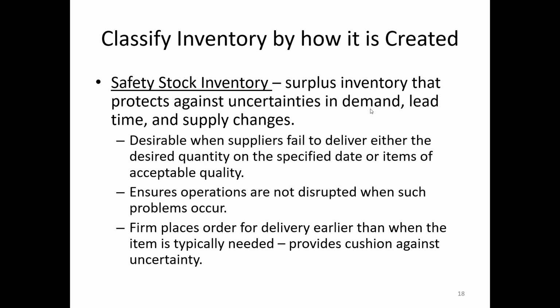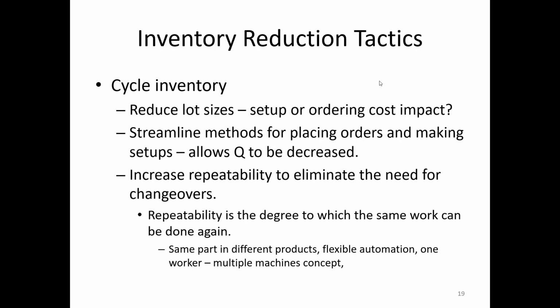It's like buying ourselves a little bit of insurance: uncertainties in demand, lead time, and any supply changes, because of variability in our supply chain. Our vendors or suppliers are just unable to supply what we expected, or what they promised to supply. All those uncertainties, we have safety stock to help us protect against.